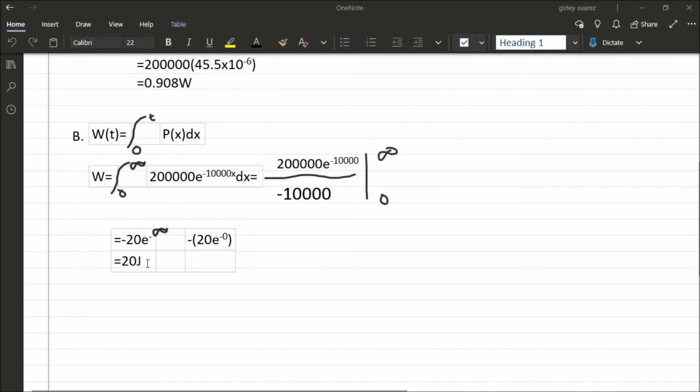The result is that the total energy supplied to the circuit element is 20 joules.